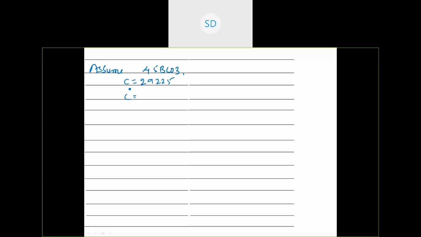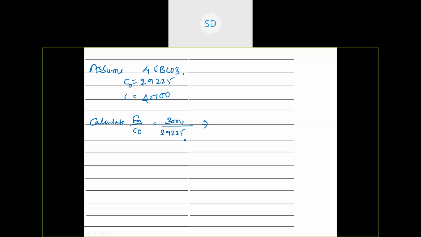So dynamic load is 40700. Now you go for step 2 again. You calculate FA by C naught. FA is 3 kilonewton. Now C naught is 29225.